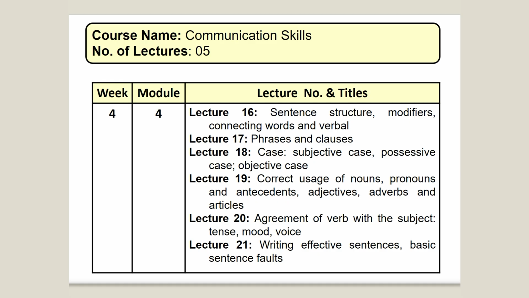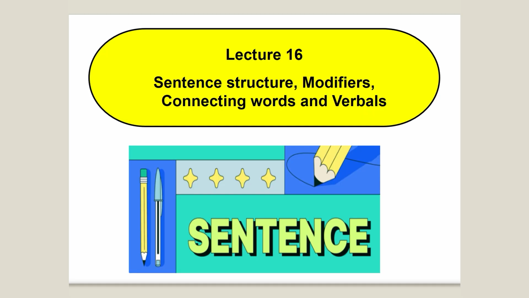So let's start. This is lecture number 16 that deals with sentence structure, modifiers, connecting words and verbals. Today we will learn what sentence structure is, which words are called modifiers and connecting words, and how they make the sentence.